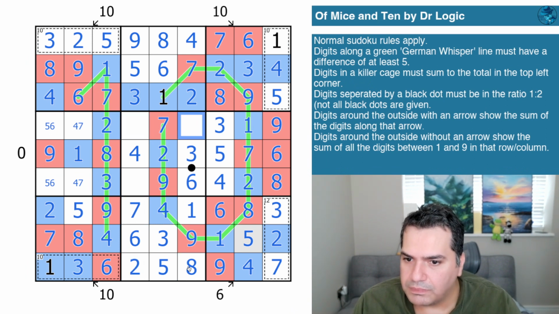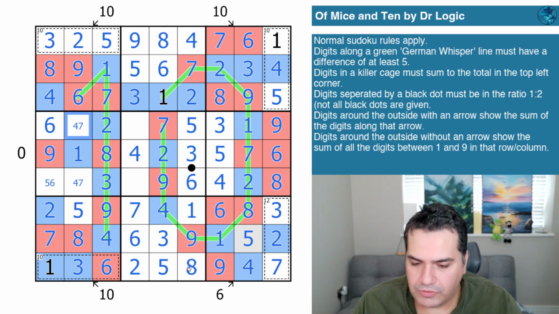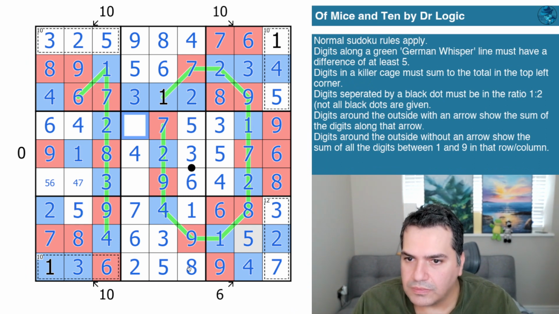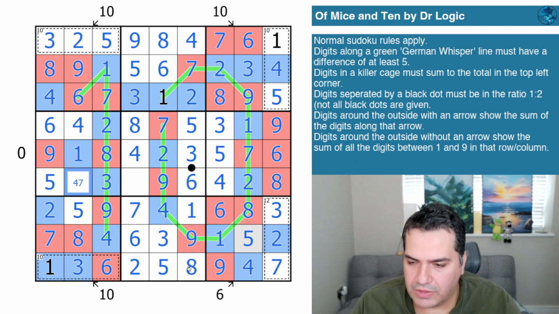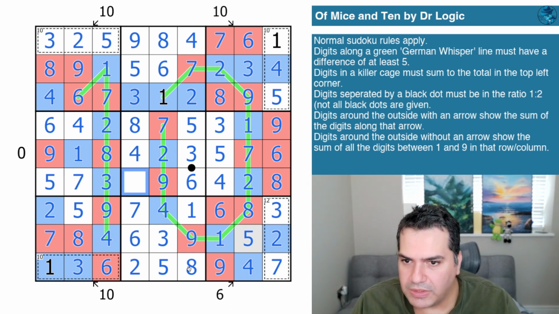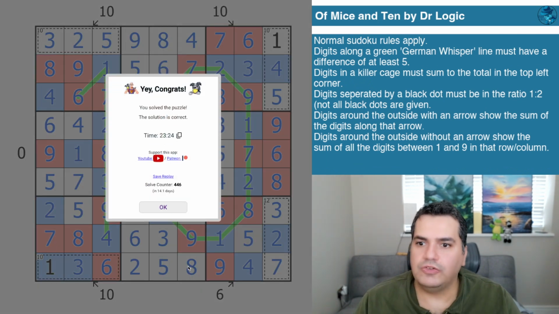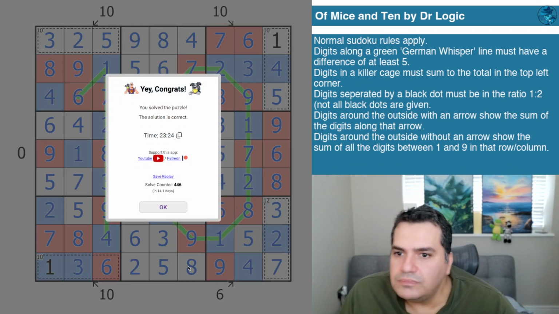Yeah, we're pretty much there. This is now a 5 by the looks of things. Therefore, that's a 6. That's a 4. 8. 5, 7. And if I've not made any mistakes, 1. And that's the solution to today's puzzle.